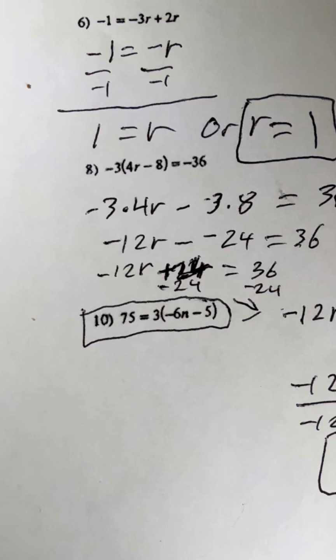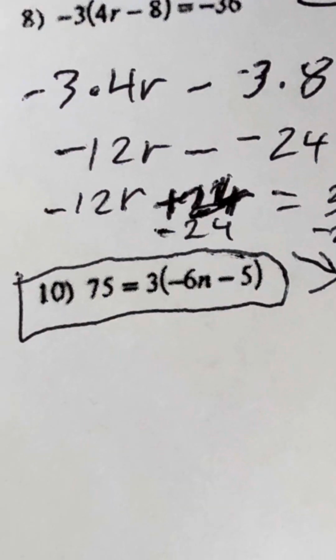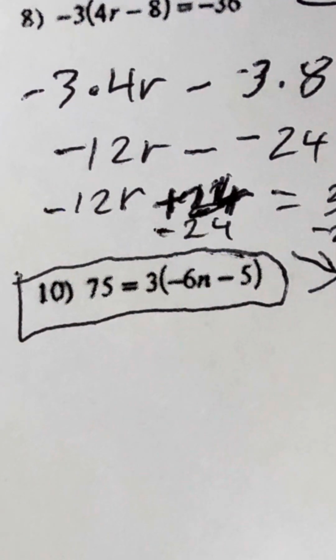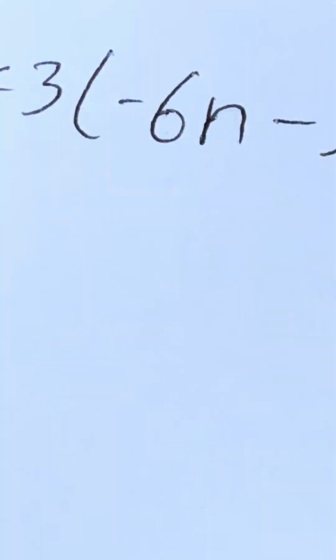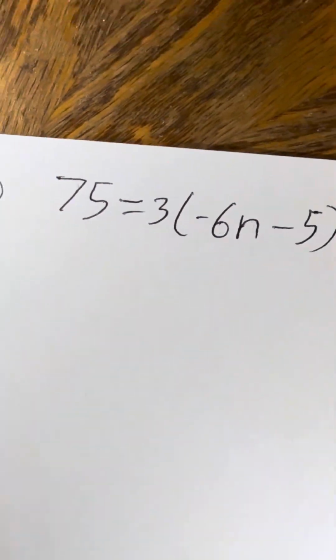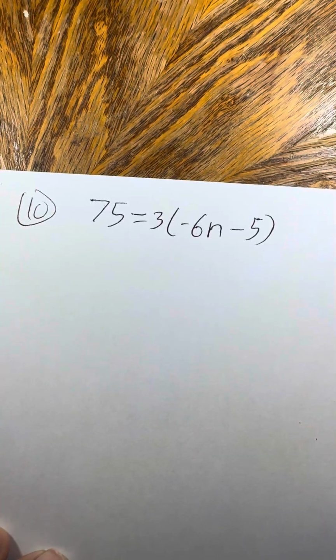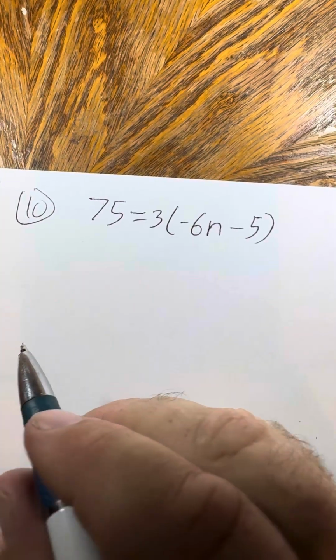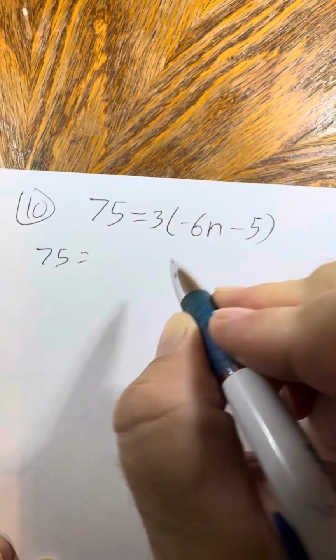And we're doing number 10. 75 equals negative 3 times the pair negative 6n minus 5. First thing we need to do is distribute.